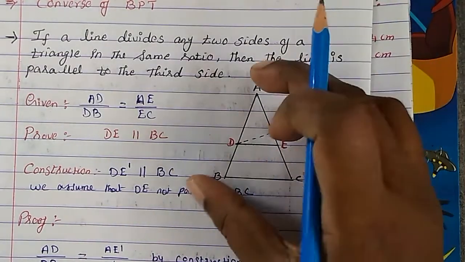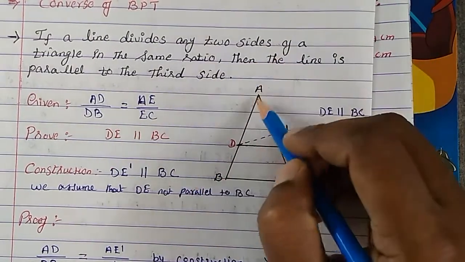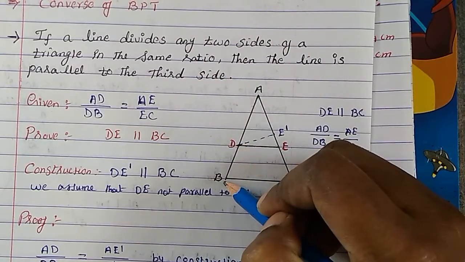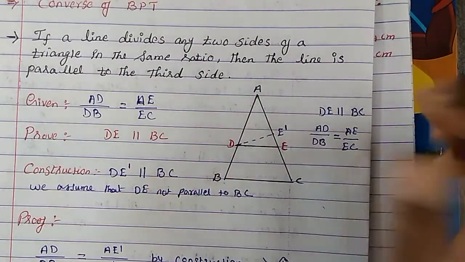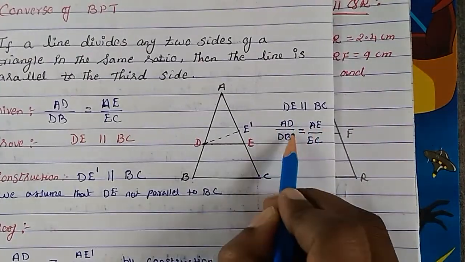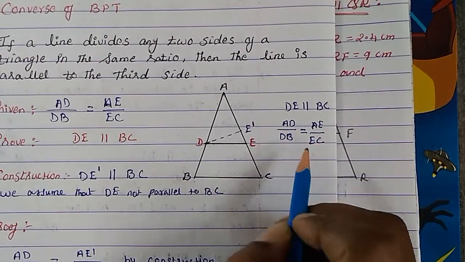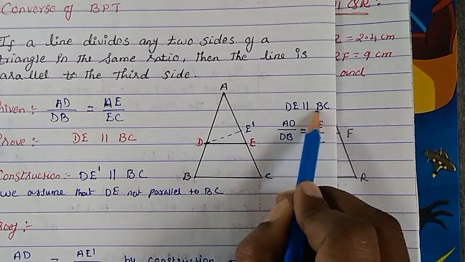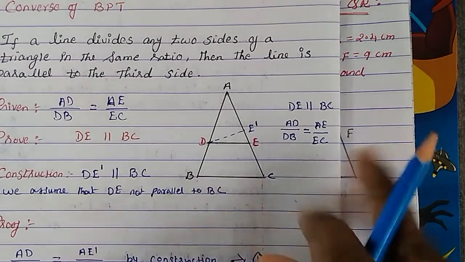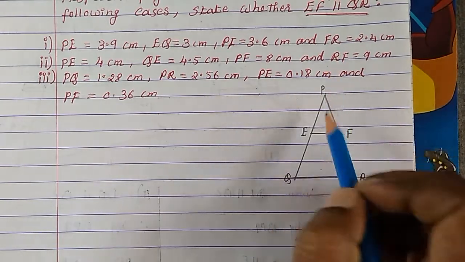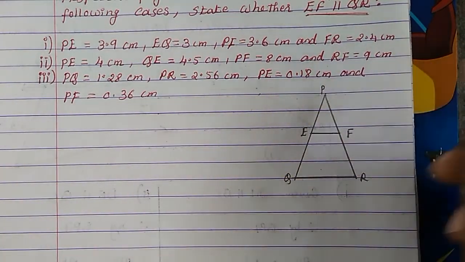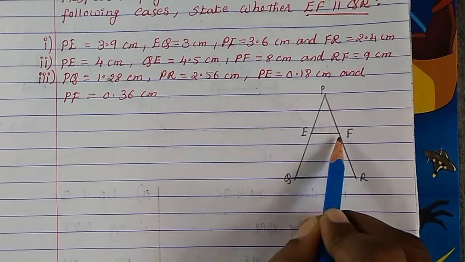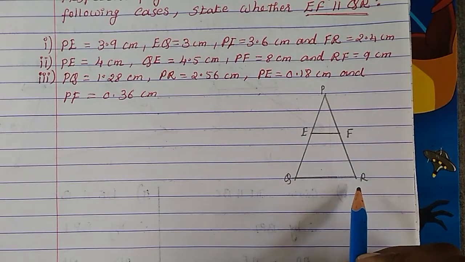So when the ratios are equal, then we can prove that it is parallel. So we have to show these ratios are equal, and then you can say that EF is parallel to QR. So that's it.